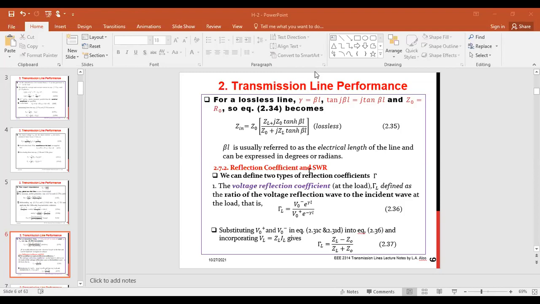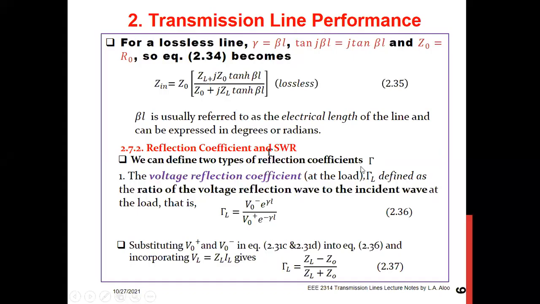If my memory is right, we stopped where we had already derived the expression for calculating the characteristic impedance of the line, specifically the input impedance, Zin of the line. And we looked at a case whereby the line is lossless.